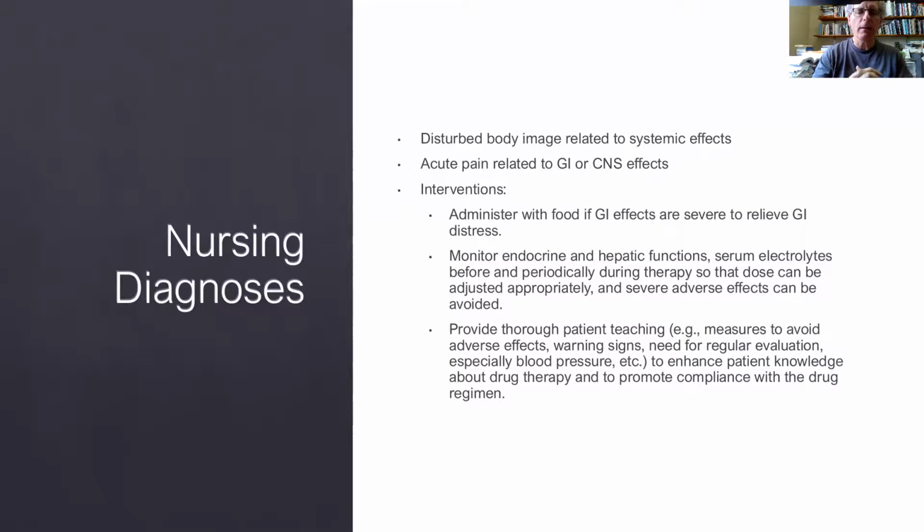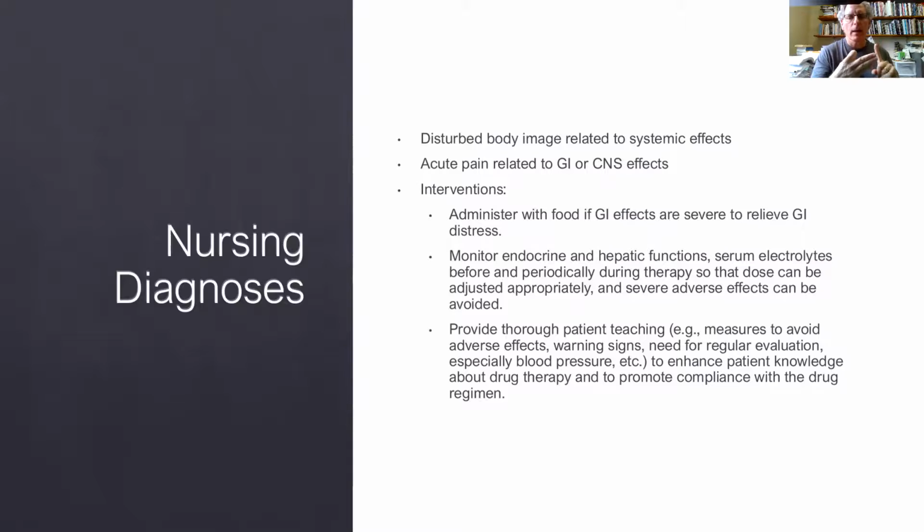Look for acute pain related to GI or CNS effects. Look for patients who have disturbed body images related to systemic effects. Administer with food. If GI effects are severe, that can relieve GI distress. Monitor endocrine and liver function.